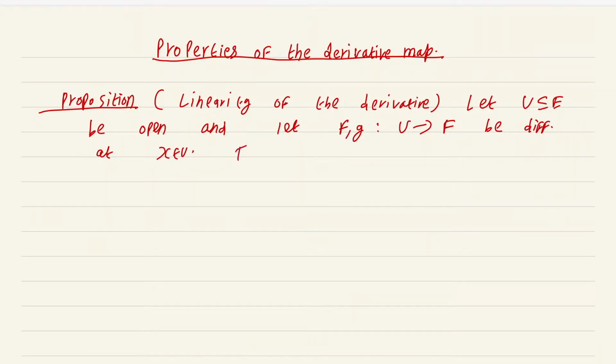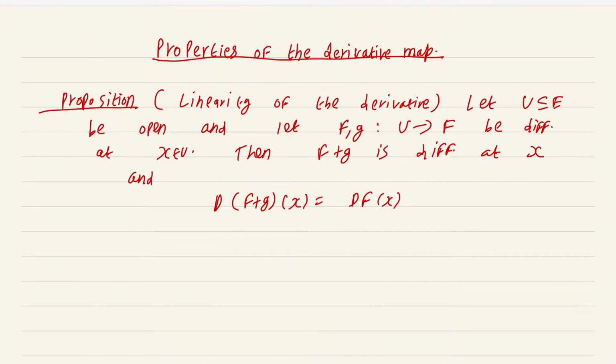Then F plus G is differentiable at x, and d of (f plus g) at x is just df_x plus dg_x, and in an entirely similar way, d of (cf) at x is just c times df_x.